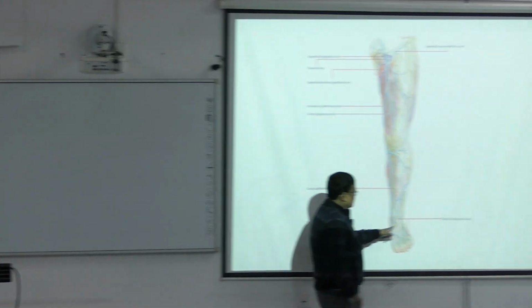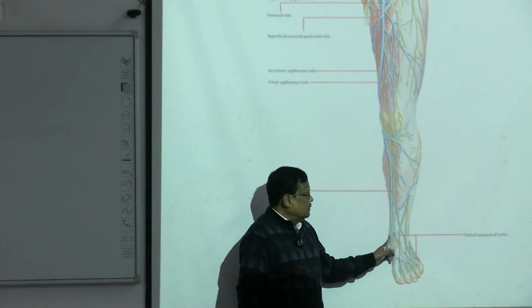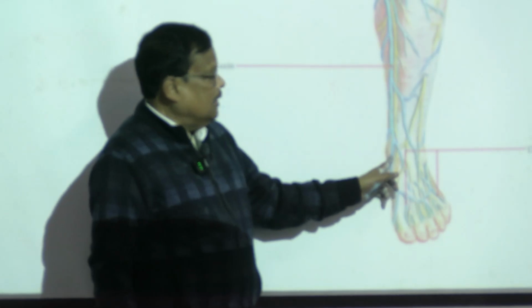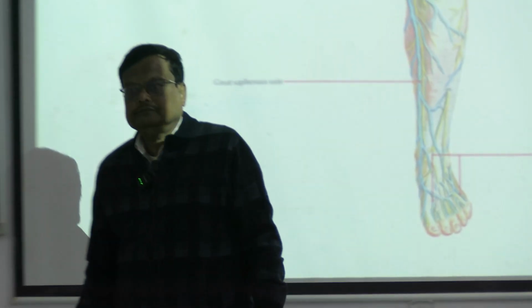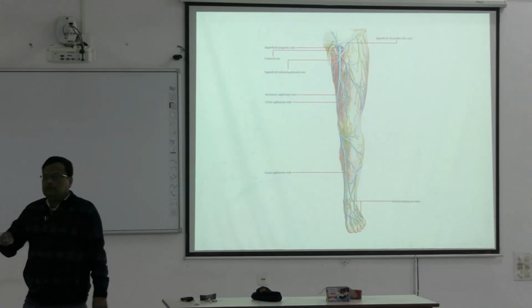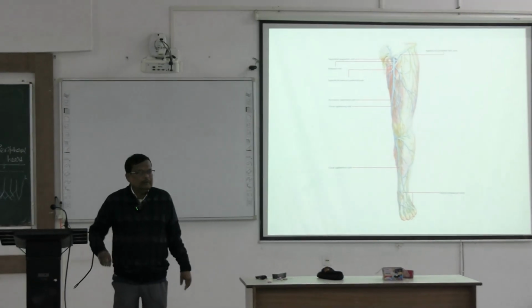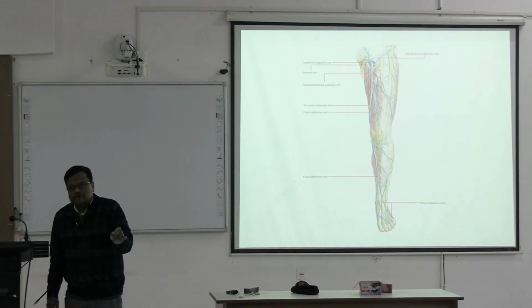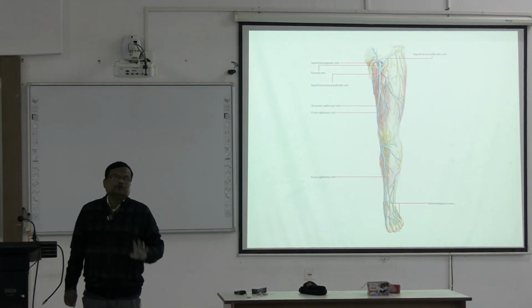Just in front of the medial malleolus, this is the medial malleolus of the tibia, and this is the lateral malleolus of the fibula. So formation is on the dorsum of the foot, just close to the medial malleolus, by joining the medial marginal vein and the medial end of the dorsal venous arch.